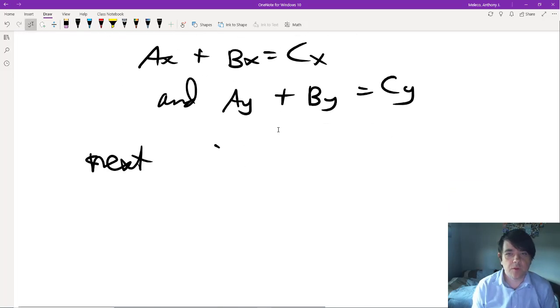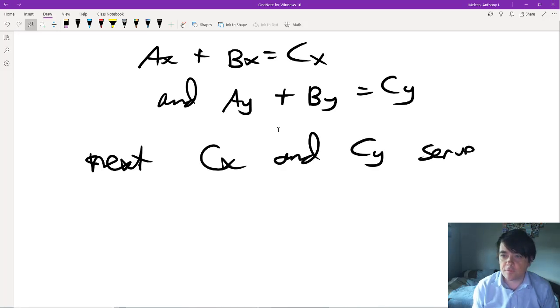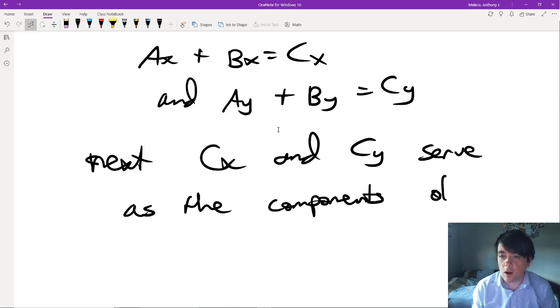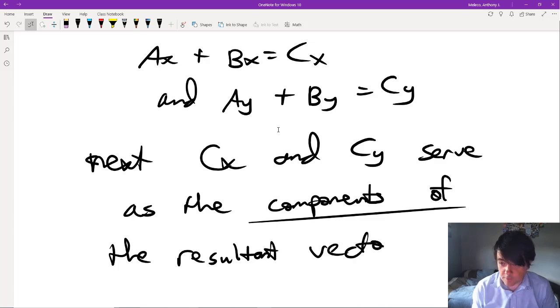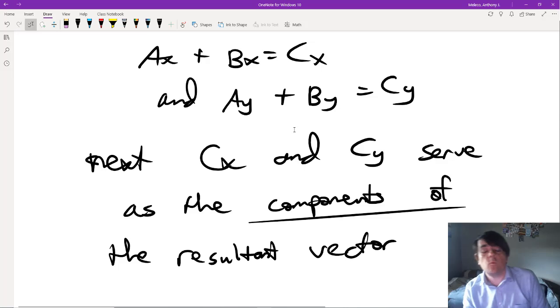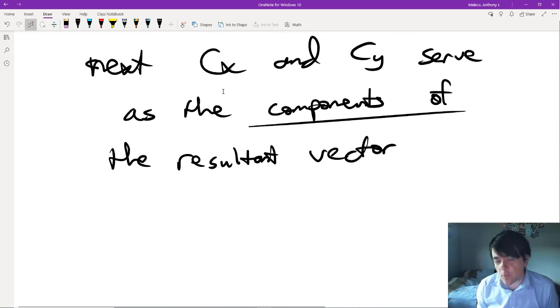Next, CX and CY serve as the components of the resultant vector. Okay, that's great. So we have our new components. Now we put them together.